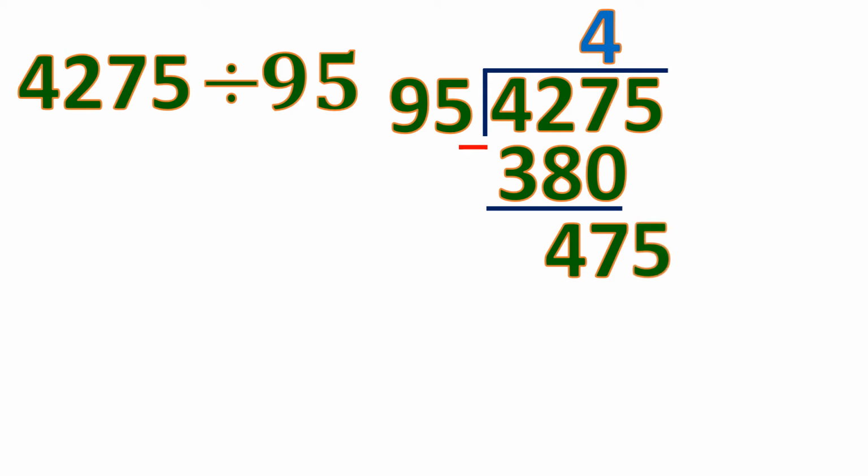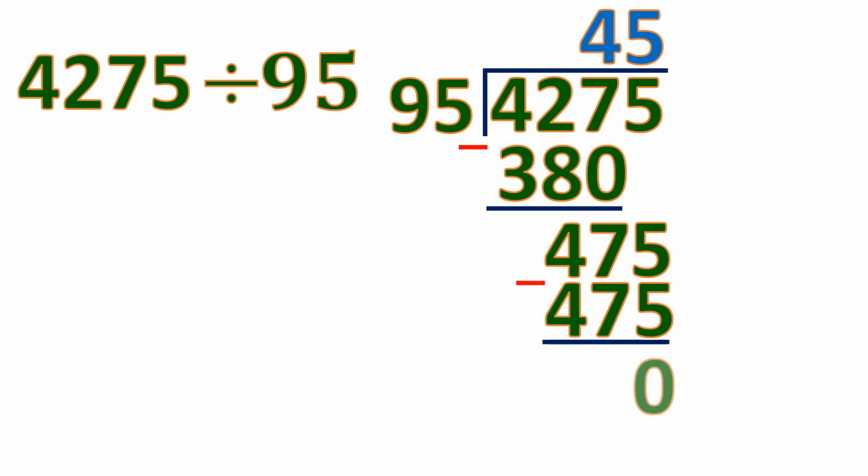So bring down 5. 475 divided by 95 is 5 because 5 times 95 is exactly 475. Then subtract, so this is 0. So that means dividing the 4,275 kilos of rice into 95 sacks, each sack will have 45 kilos of rice.